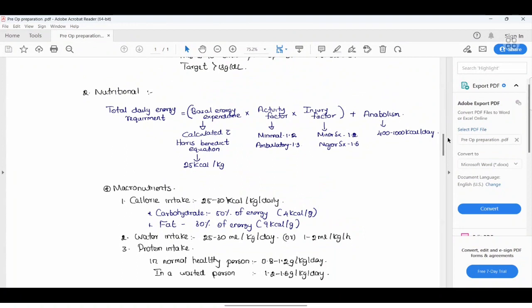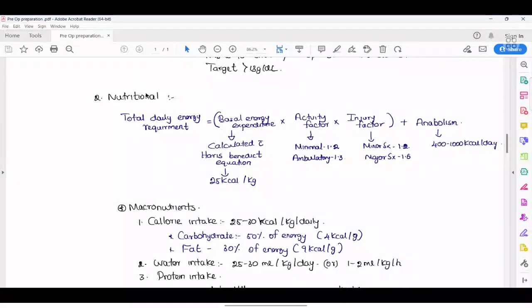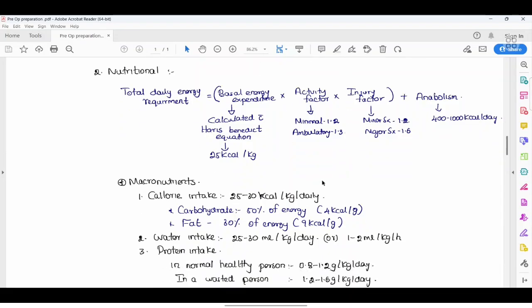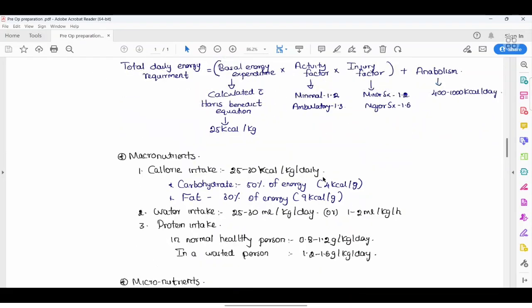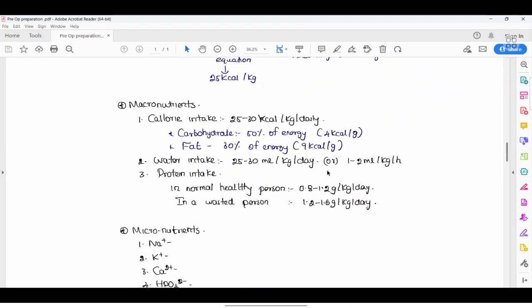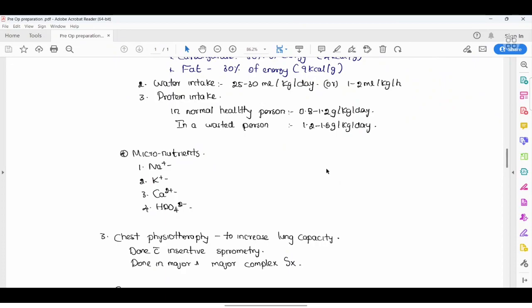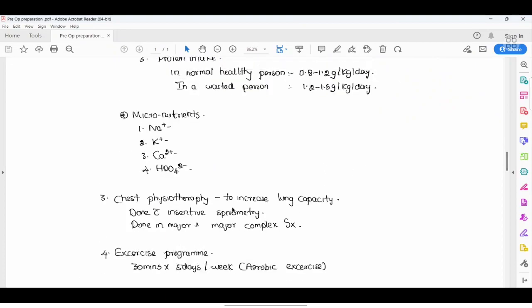For our exam purposes, we don't need to remember all these calculations for the SEQ or the long case. Just remember that we have to prepare the patient nutritionally. Ideally we calculate it, but we can refer to the nutritionist and get it done. So no need to remember all these equations. Just remember that we have to do the nutrition referral.